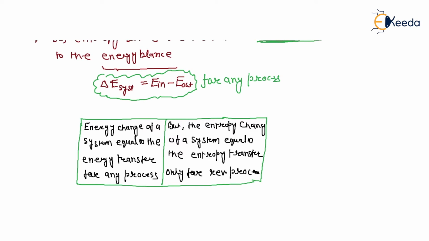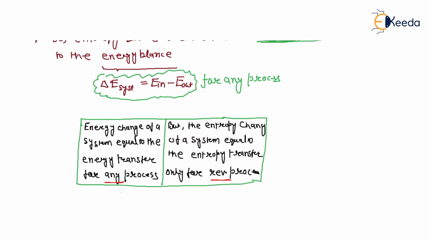So when a process is reversible, the conservation of energy exactly applies to the conservation of entropy. So entropy will be conserved if the process is reversible.